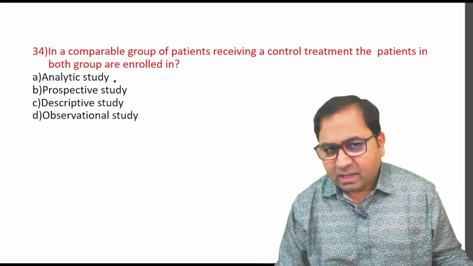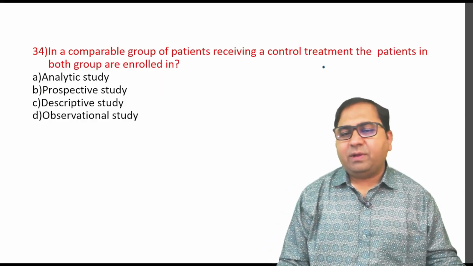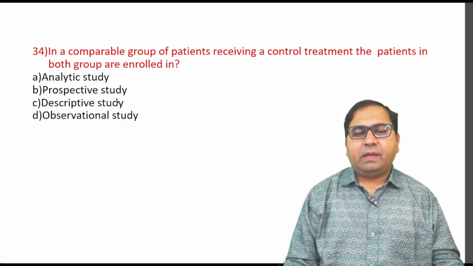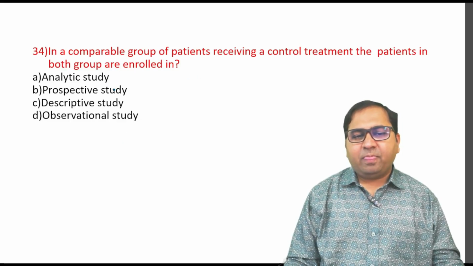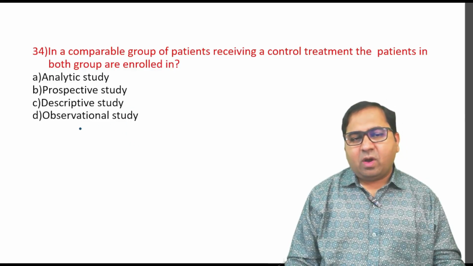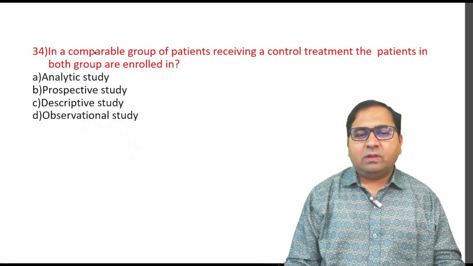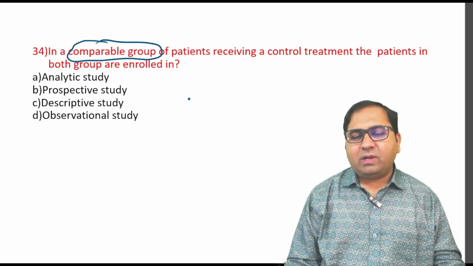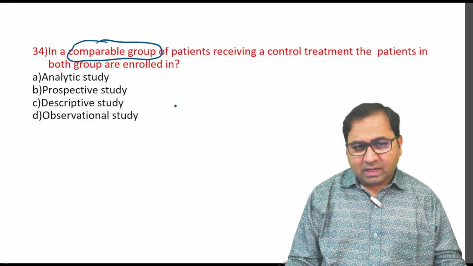Next question. In a comparable group of patients receiving a controlled treatment, the patients in both the groups are enrolled in what? A. Analytical study. B. Prospective study. C. Descriptive study. Or D. Observational study. So basically what are they telling? They are comparing. So in a comparable group, wherever you are comparing, what is that type of study called?